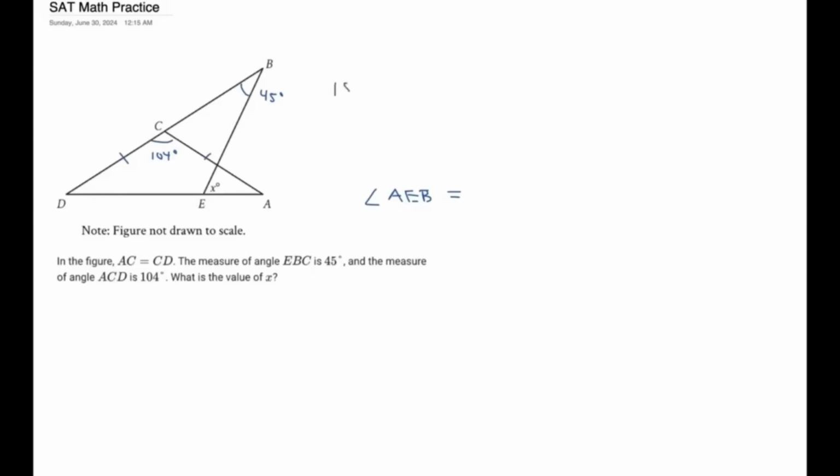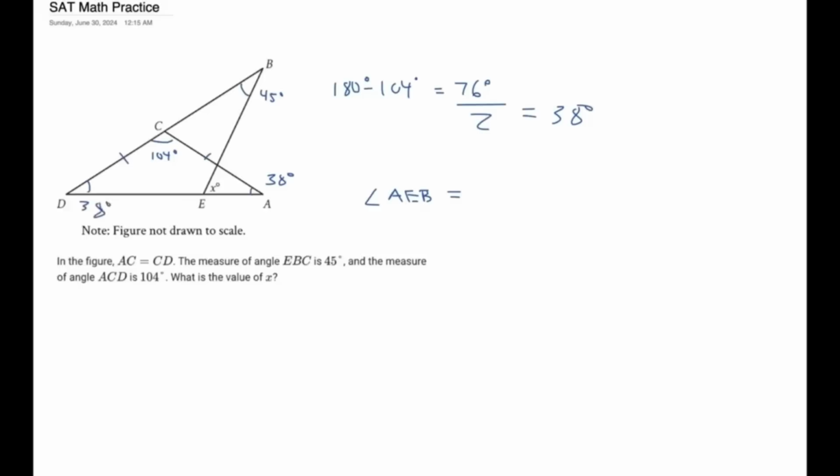Because there's only 180 degrees in a triangle, and we know angle ACD is 104 degrees, there's 76 degrees between those two angles. And so we can divide that in half, and we get 38 degrees. So we know each of these angles: angle A is 38 degrees, and angle D is also 38 degrees.